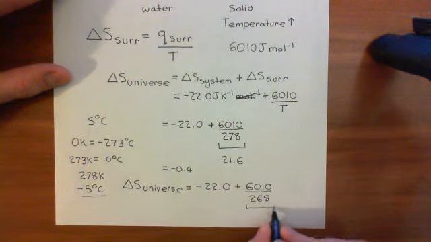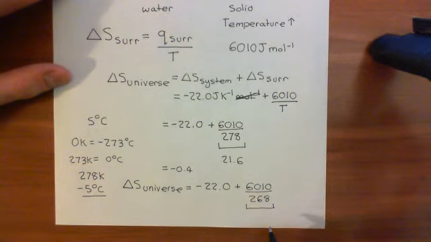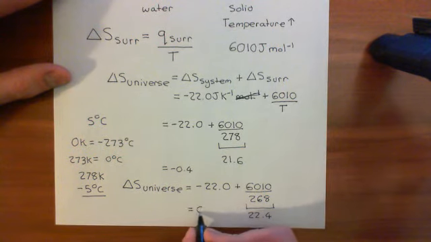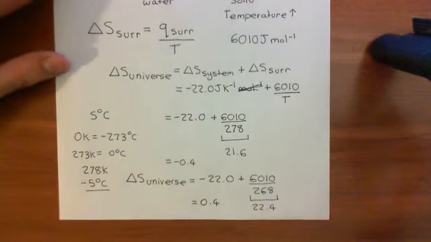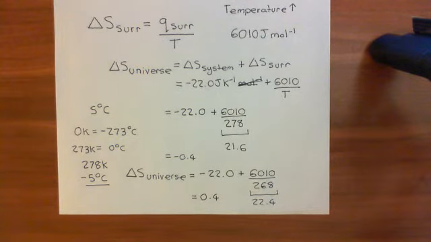And if I work out what is 610 over 268, basically I get that it's 22.4. So this time I get that the total change in the entropy of the universe is positive 0.4. Okay, so I get a positive change in the entropy of the universe, and therefore this transformation is allowed by the second law of thermodynamics.